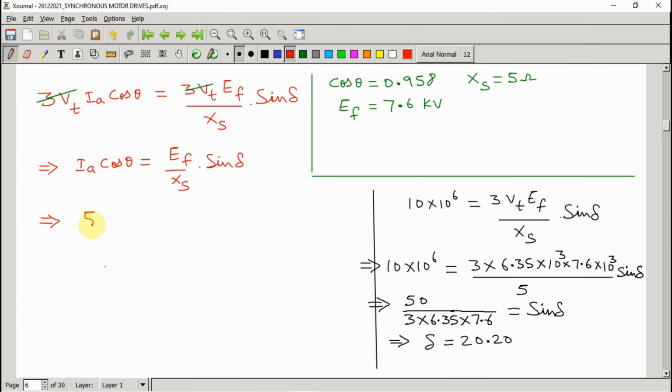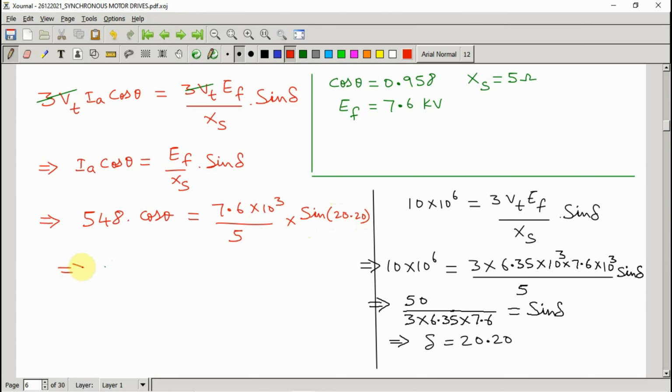So IA is 548 multiplied by cos theta. EF is 7.6 into 10 to the power 3 whole divided by 5 into sin delta, sine of 20.20.